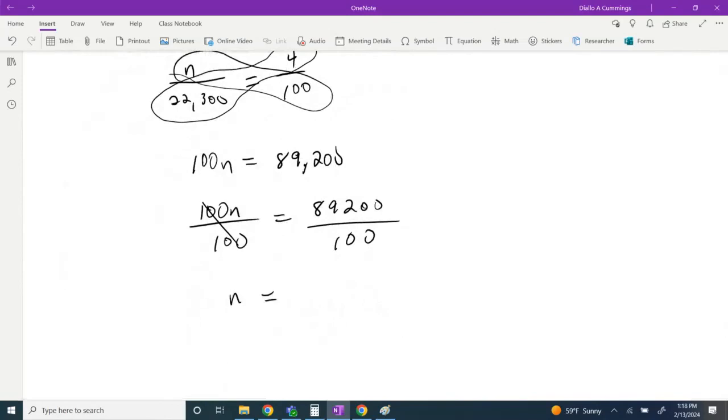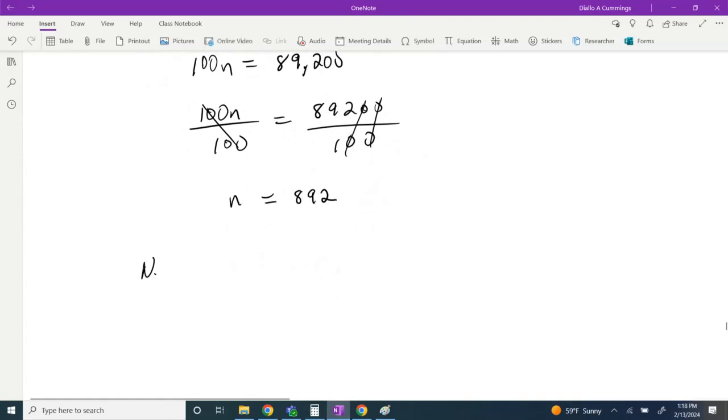And 89,200 divided by 100, I'm going to kind of cancel those zeros off on the end. So our change in amount is $892. Now, that's not the new amount or the new salary, that's just the change in salary.